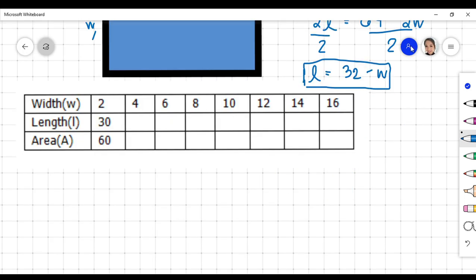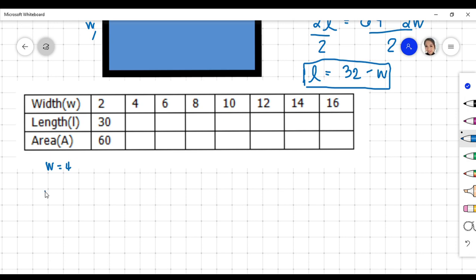The first column is already solved for you. If the width is 2, then the length is 30. So, multiplying the length and the width, so 2 times 30, that is 60. How about if the width is equal to 4?